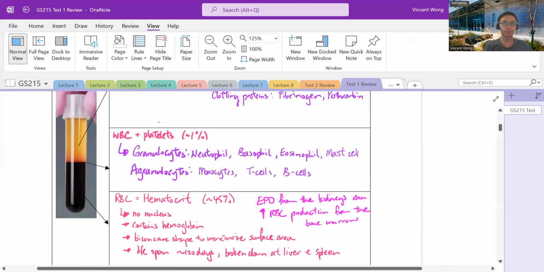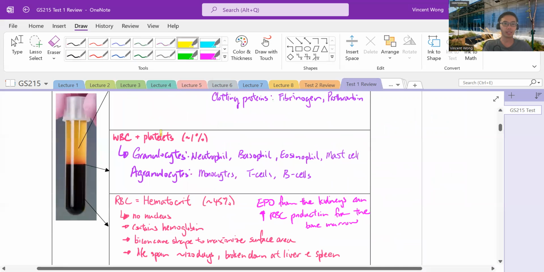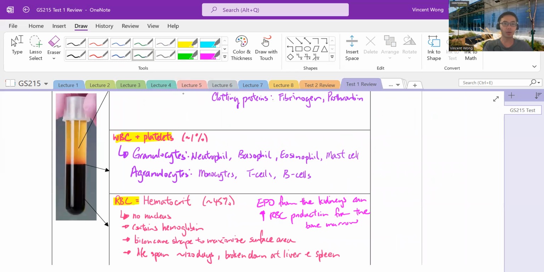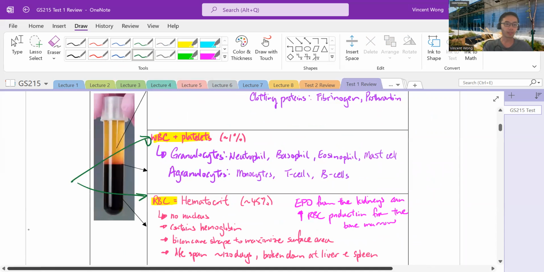So remember, all these blood cells, the white cells, the platelets, the red cells, right? They all came from, oh, that's gonna look messy. Maybe I'll just do it over here. All came from the bone marrow, right? From stem cells located in the bone marrow.